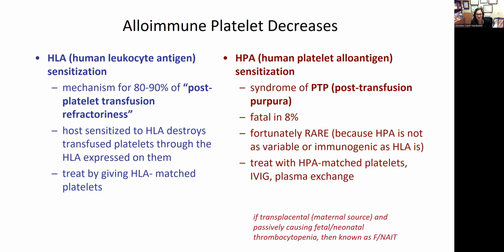So if you suspect PTP, you really want to advocate for your patient and get them on the right treatment. And include PTP if you are suspecting ITP at the beginning and they have no response to platelets, to think about the possibility that your patient may actually have PTP and not ITP, because it does have a different treatment and it will change your management.